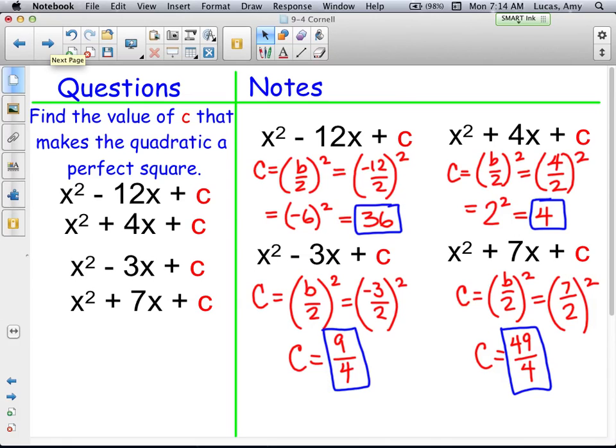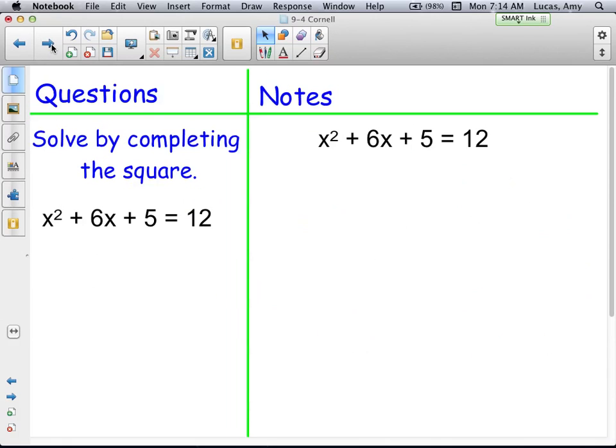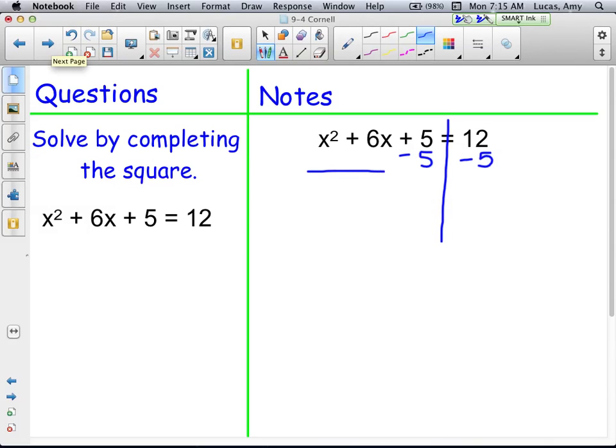Now on this next slide, we're going to start using that idea. These are going to be very different for you, so please take careful notes. The first thing we're going to do is subtract 5 on both sides, because the left-hand side here is not a perfect square trinomial.